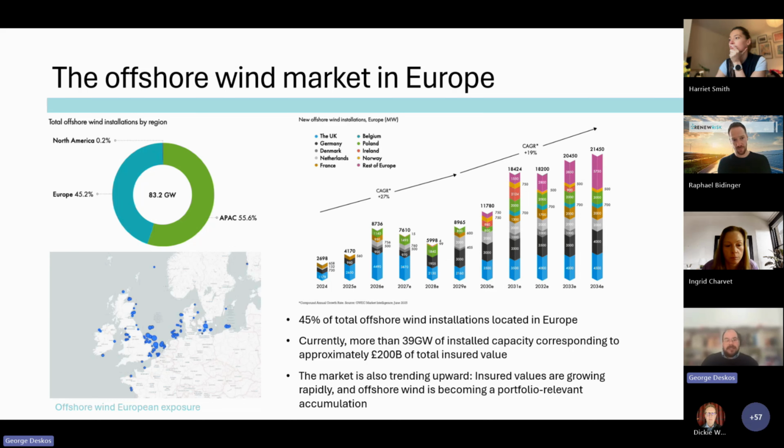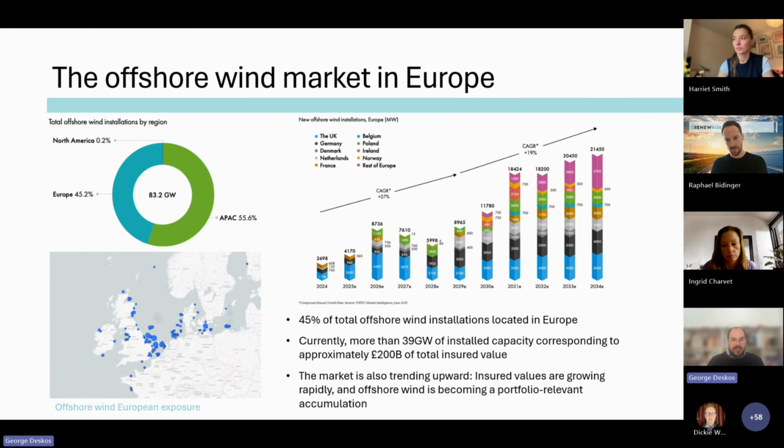It means that the market is trending upwards and the insured values are growing rapidly, right? That means offshore wind is now becoming a portfolio-relevant accumulation that we cannot ignore. It's not a niche class anymore. It's a systemic exposure that we have to deal with, and we have to think carefully about the different perils that we face in Europe.